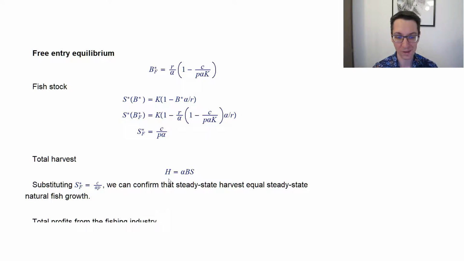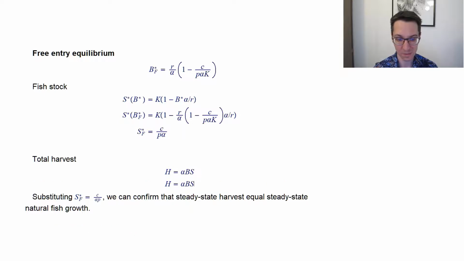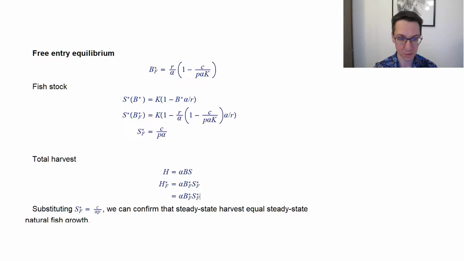So we have that the total harvest is defined as alpha BS. So let's do the same exercise as before. The total harvest in the steady state for the free entry fishing is going to be equal to alpha times B star of F times S star of F. And then we can just substitute what we know.